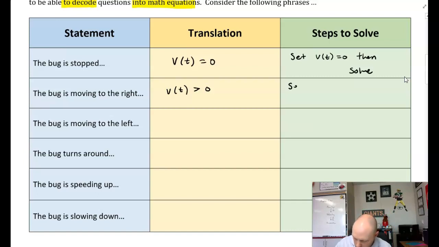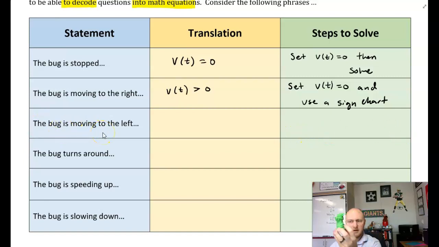So how do we figure this out? Well, again, what we do is we set velocity equal to 0 and then use a sign chart. We test values in order to determine where the velocity is positive and where it is negative. Okay, same idea. Now, when is the bug moving to the left?